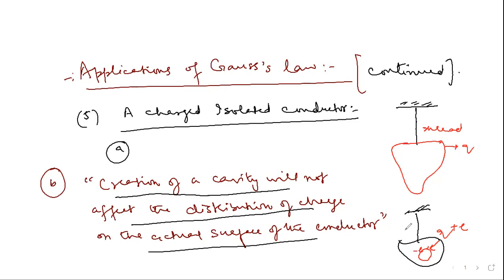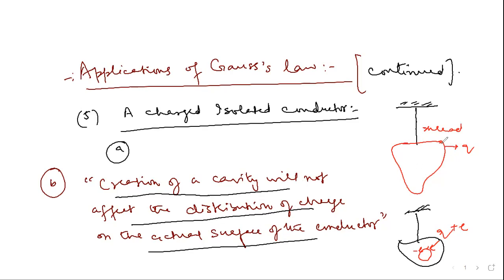So I am saying, when we say creation of a cavity will not affect the distribution of charge on the actual surface of the conductor, we are in other words saying that if we create a cavity, there will be no charge creation on the cavity walls. Because if the distribution of charge Q on the actual surface changes, then there will certainly be creation of charge on the cavity walls, right?